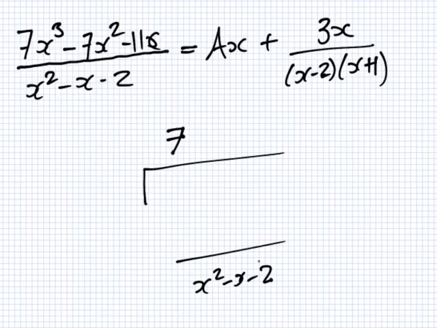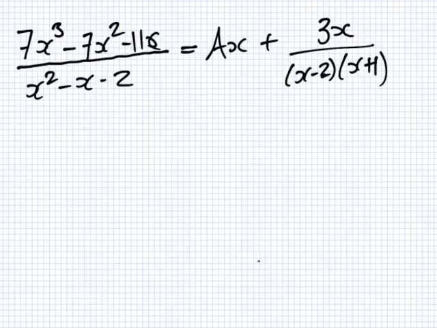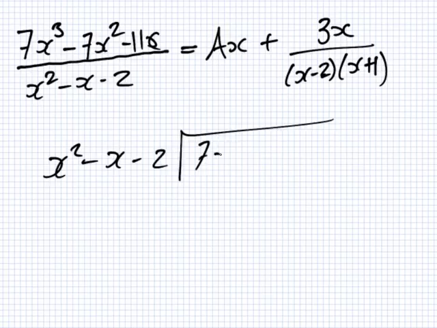The remainder was 7x. So the a is 7 then. No, the top is 7x, and the remainder is 3x. Will I do the long division? It's causing some confusion. The top is 7x.